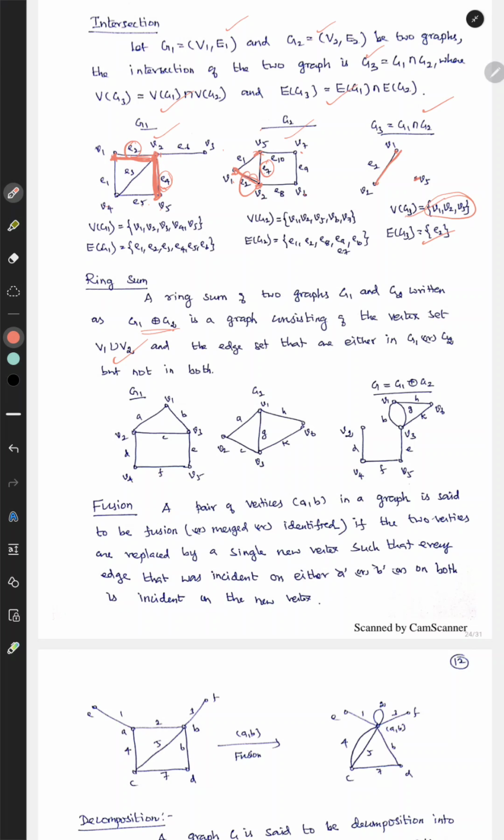Those are the only edges present in your ring sum. So ring sum uses the union of all the vertices from both the graphs, but the edges used are the ones not in the intersection, that are not common.